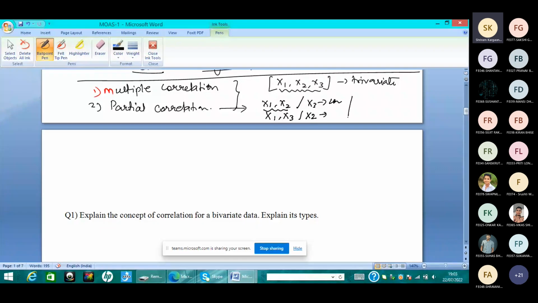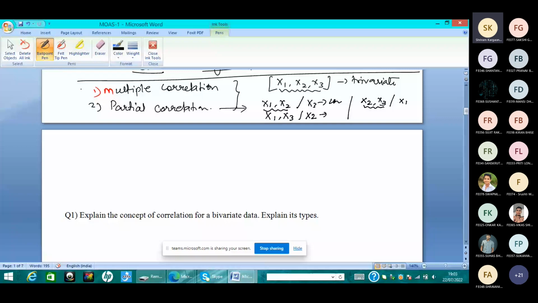The remaining pair will be x2 and x3 keeping x1 constant. So partial correlation means when you study only two variables and you keep the other variable constant. This is one kind of correlation.